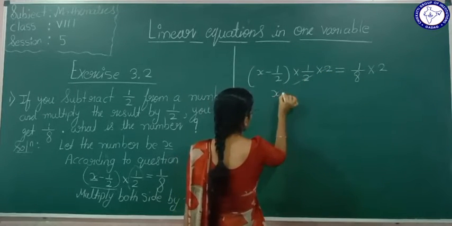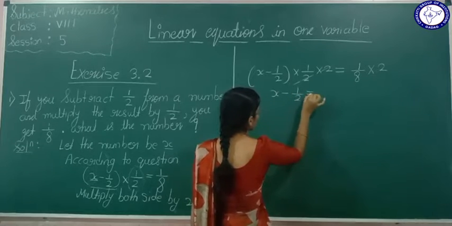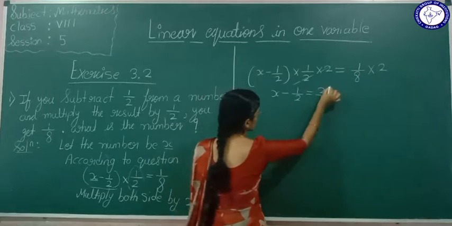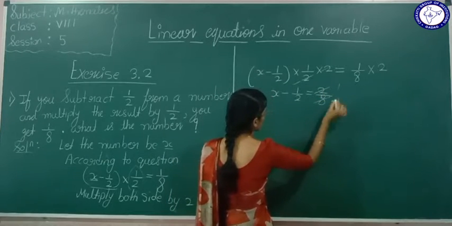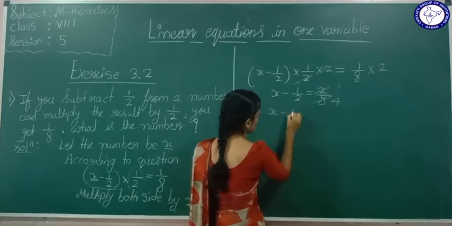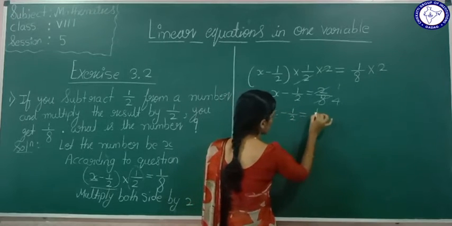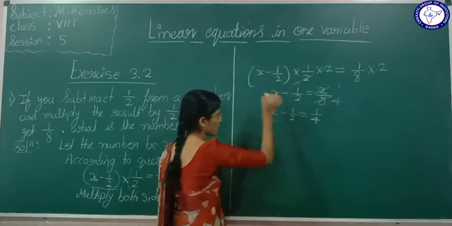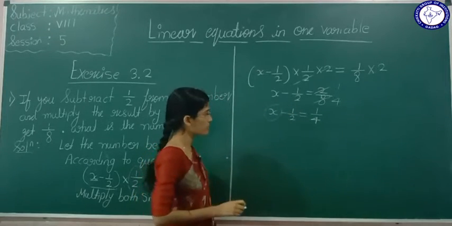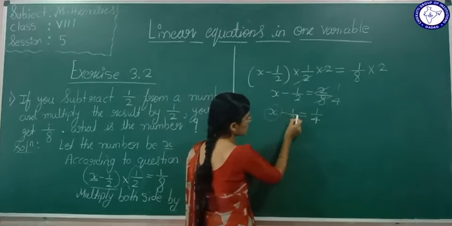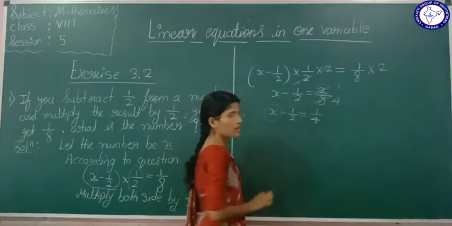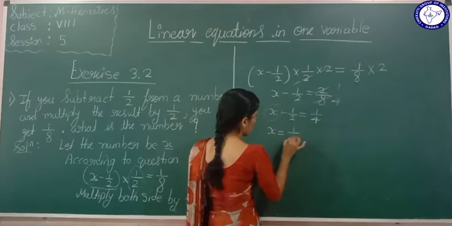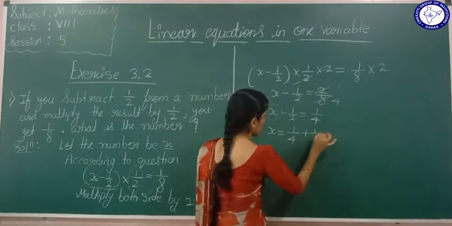What remains? x − 1/2 is equal to 2/8, which is nothing but x − 1/2 = 1/4. Now we want the value of x, so we transpose this half to the RHS. Then x = 1/4 + 1/2.